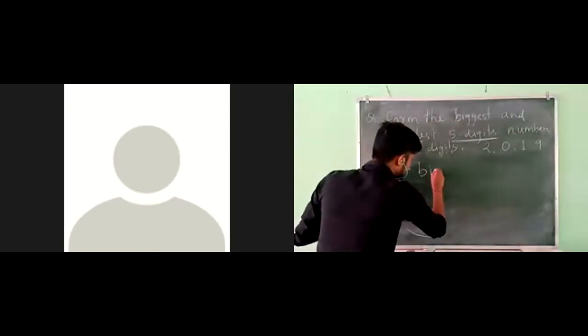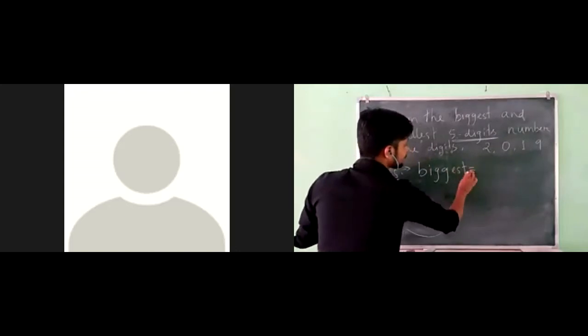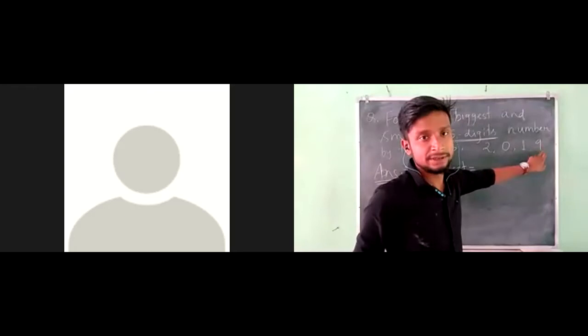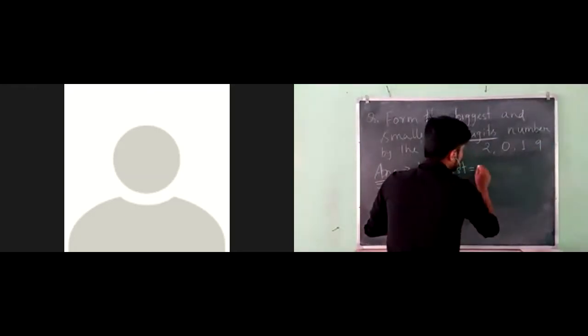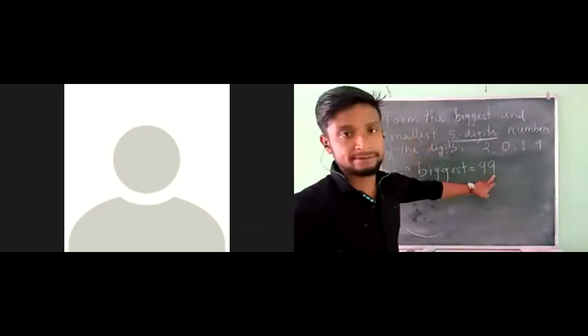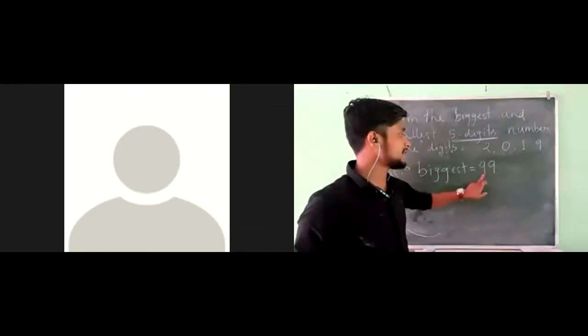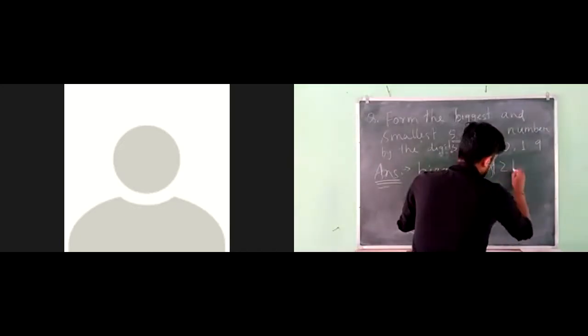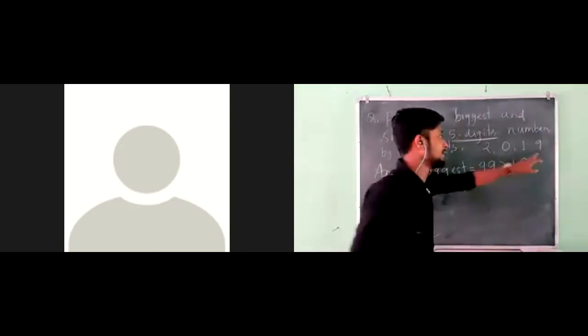While you are forming the biggest number, you just need to do one thing: you have to write the greatest value twice. 9 and 9. You have to write this 9 two times. Then 2, then 1, then 0.